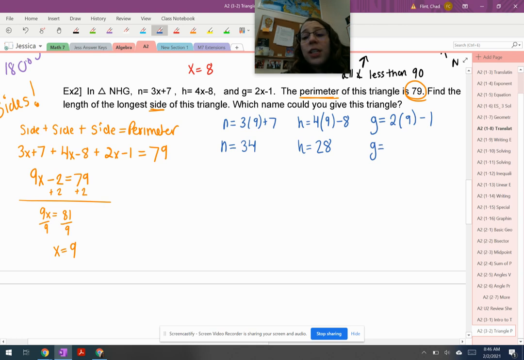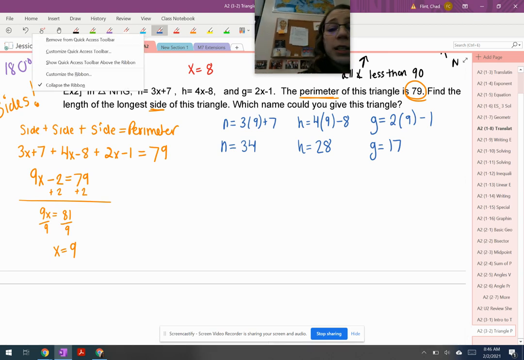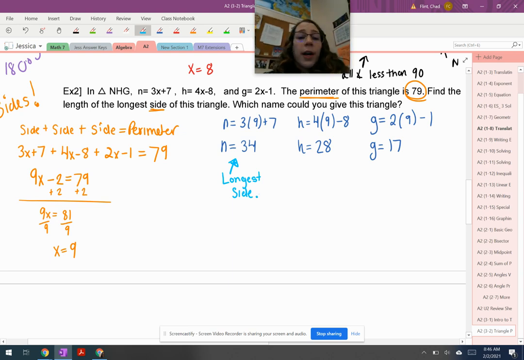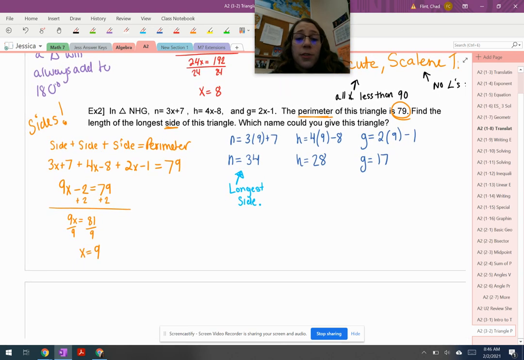And side g is 2 times 9, which is 18, minus 1, which would be 17. So that makes my longest side to be n. This is the longest side.